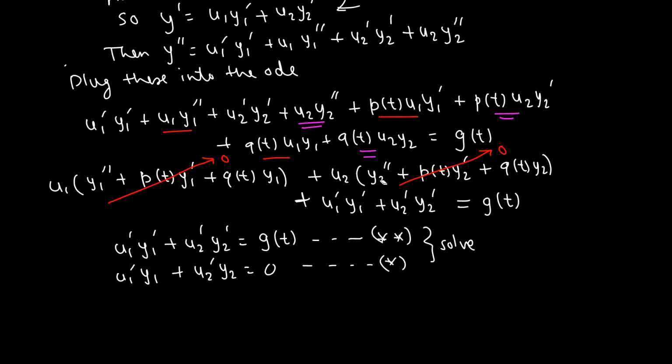For that we can multiply the first equation by something and multiply the second equation by something. Let's see. Look at here, second: we have y2 prime not here, so we're going to multiply this by y2 prime, and we're going to multiply this by y2, and then subtract first from second. Or we can multiply one of them by negative, doesn't matter, or subtract. Okay, multiply then subtract.